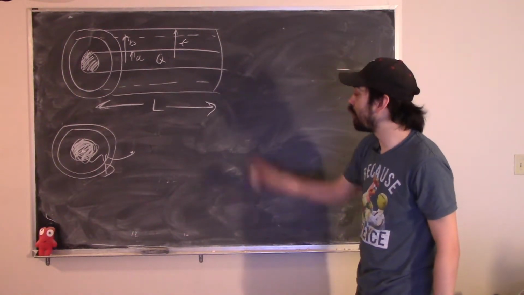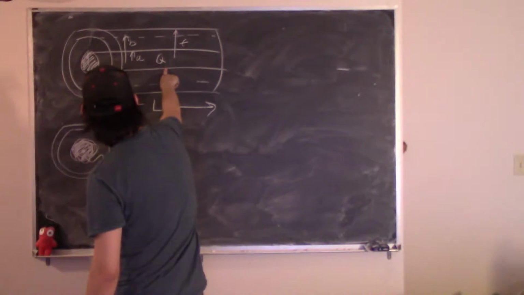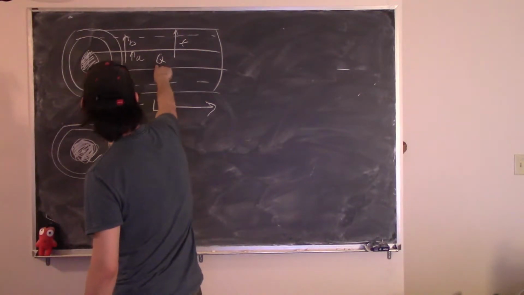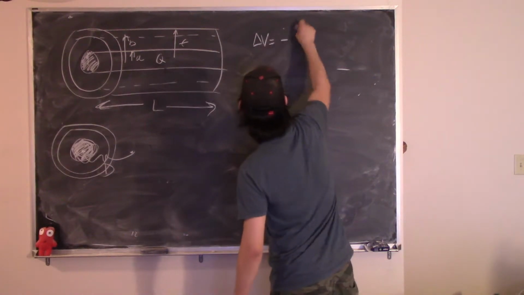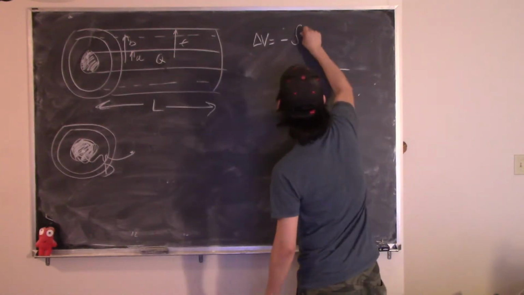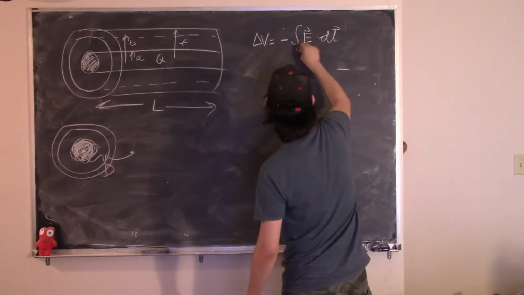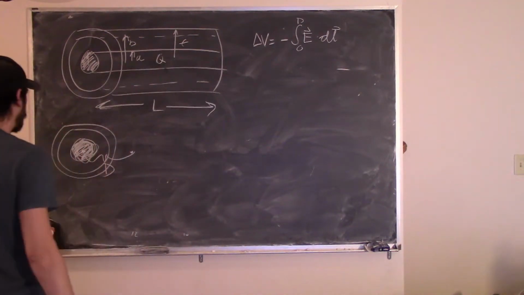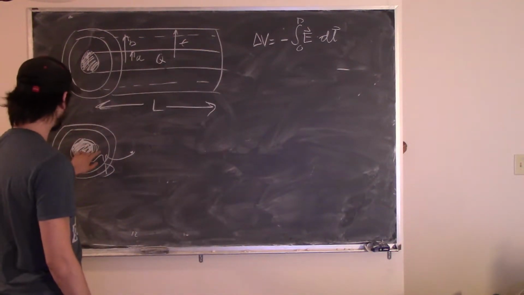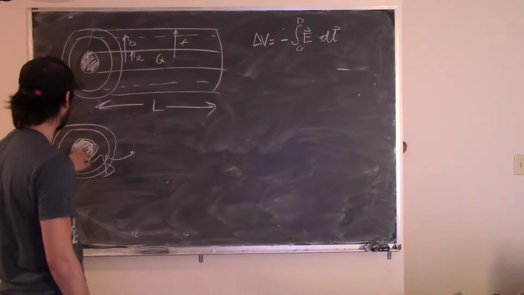Right. So we want to find delta V is equal to the negative integral of E dot dl between 0 and D. And so what that means is we need to find the electric field in 4 regions. 1, 2, 3, 4.